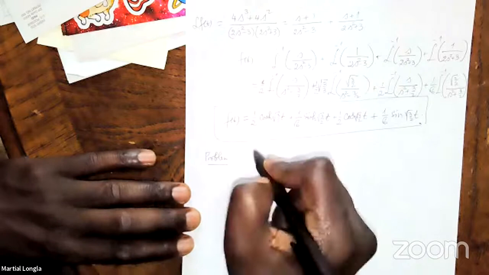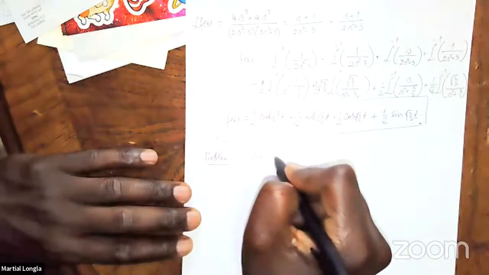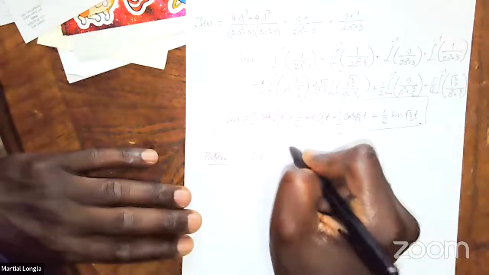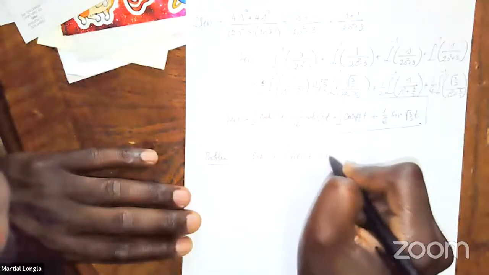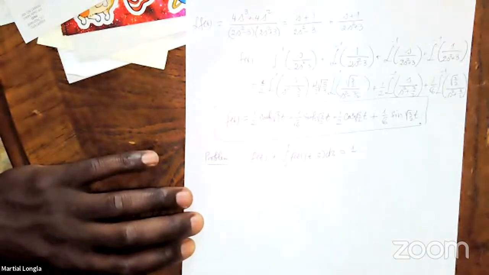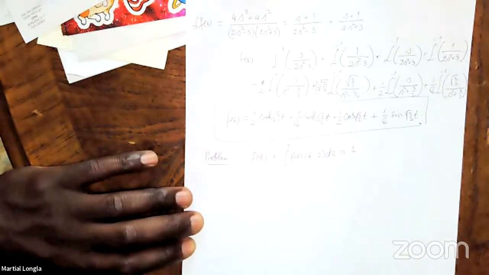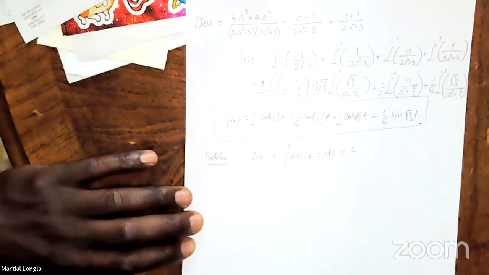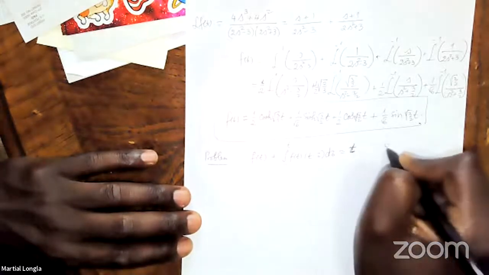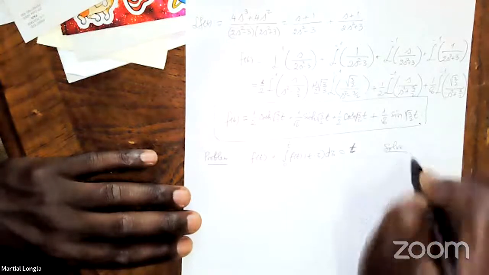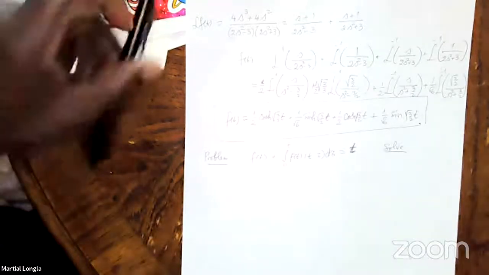We got f of t plus the integral from 0 to t of f of t, t minus tau d tau equals t. And so solve. I'll give you 5 minutes, and we look at it.